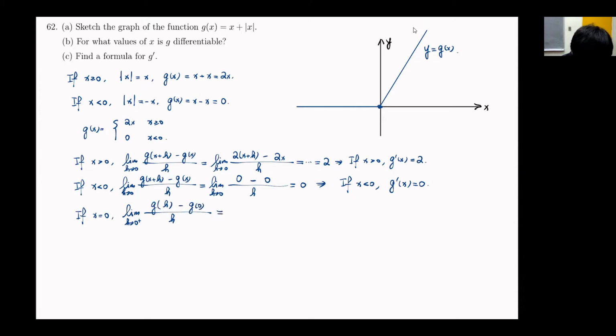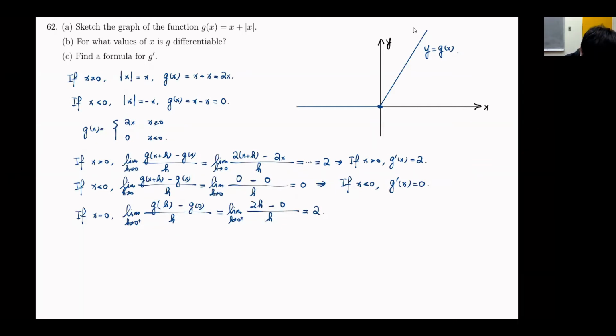Well, in this case, because h is positive, g of h is going to be equal to 2h. And g of 0, under either definition when x equals 0, is going to be 0 over here. So what we get is 2h over h, which is again a constant number 2.